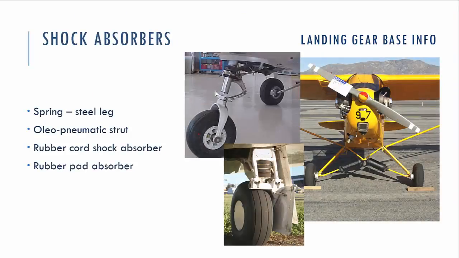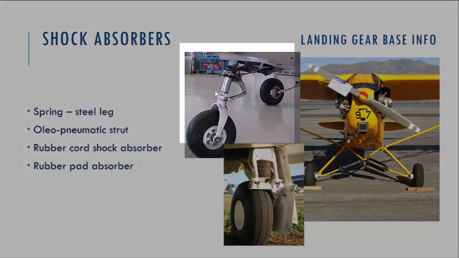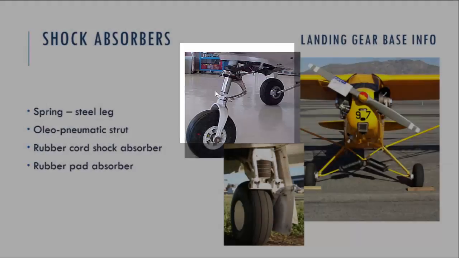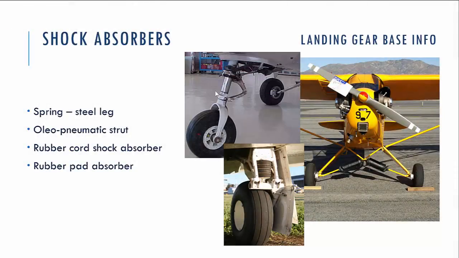To absorb kinetic energy, we use shock absorbers. We already talked about the spring steel leg on the Cessna 172, for example. There is a spring steel leg used on the main landing gears. It's just a steel tube which bends under the load without any deformation. And we also saw the air-oil pneumatic strut on the front landing gear of the same Cessna.